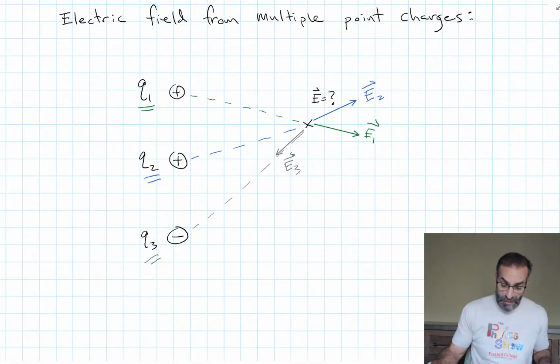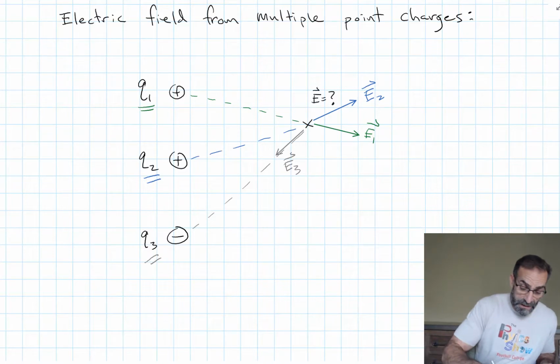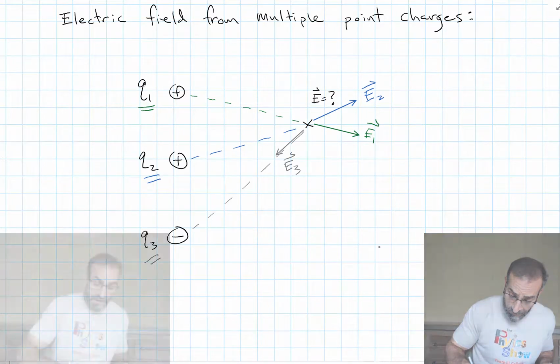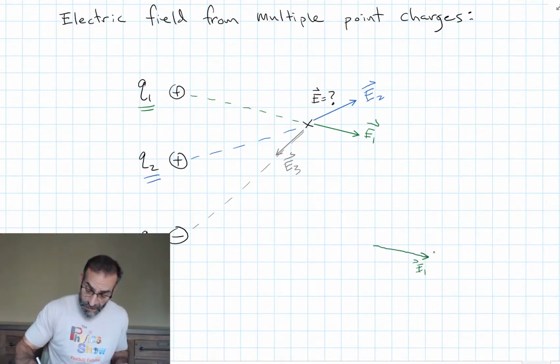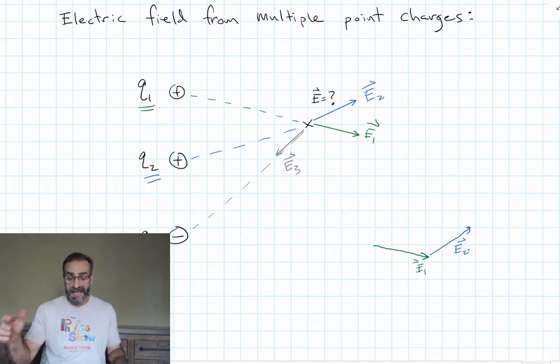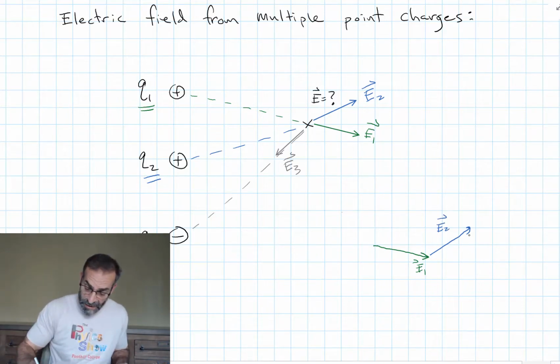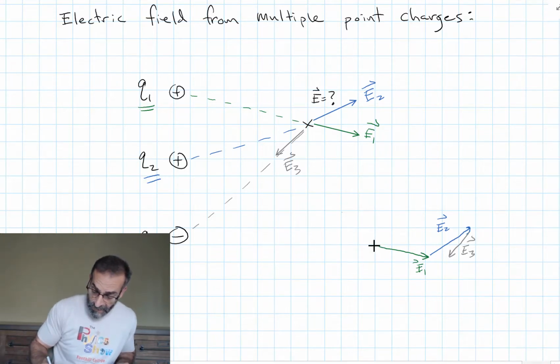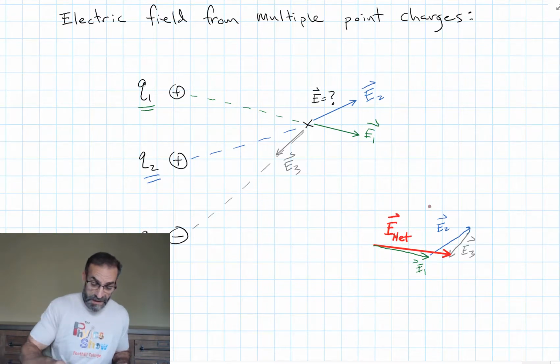What do I do? I do my principle of superposition. I've got E1 points something like this. E2 points like that, so I add my vectors tip to tail. E3 points something like this. So my final vector would point in that general direction.